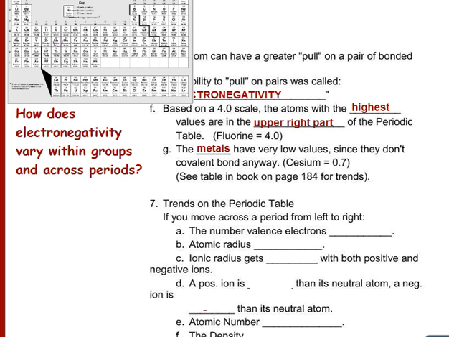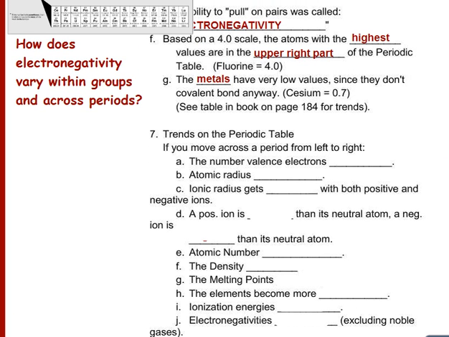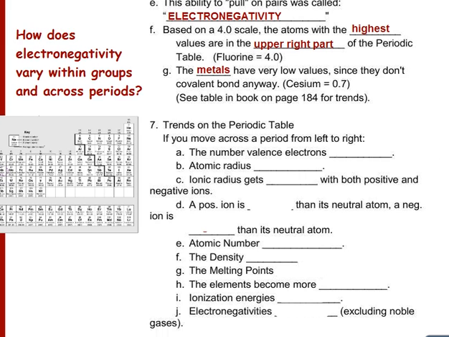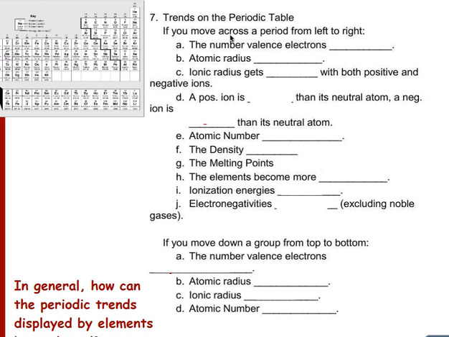So finally, we have the trends on the periodic table. If you move across the period from left to right, the number of valence electrons will increase. The atomic radius will decrease. The ionic radius gets smaller with both positive and negative ions, and we'll get into that in a bit.